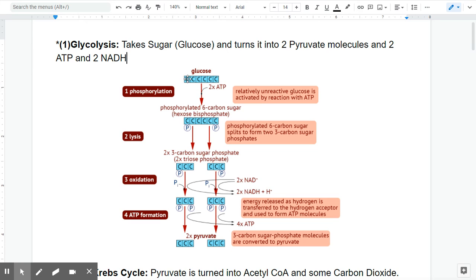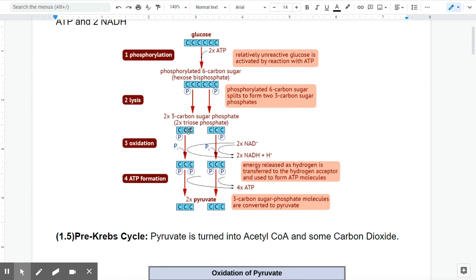The way it does that is it breaks the glucose up into 2 separate molecules, and this helps make NADH, and we get a release of energy from it in the form of ATP. And this is what our pyruvate are, these 2, 3-carbon molecules here.